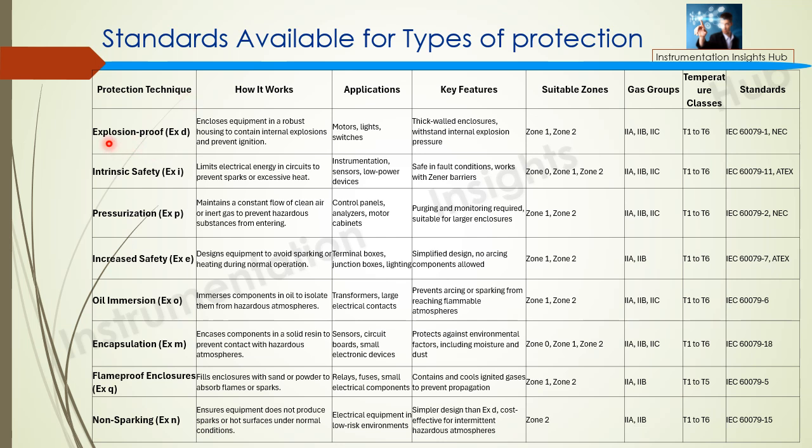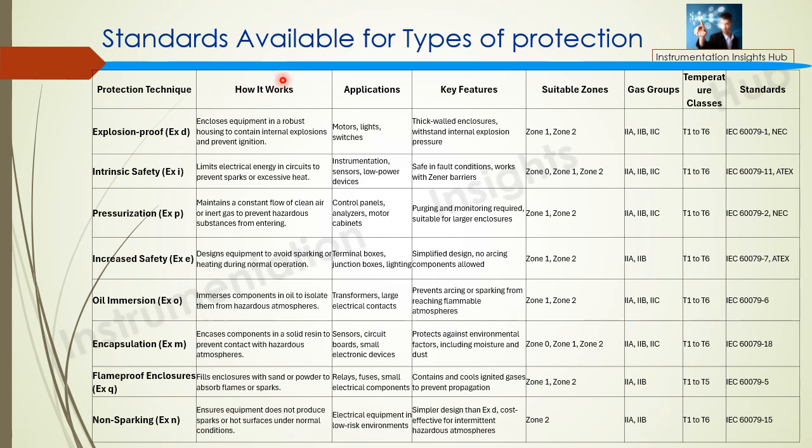The protection techniques available are explosion proof EXD, intrinsically safe EXI, pressurization EXP, increased safety EXE, oil immersion EXO, encapsulation EXM, flame proof enclosures EXQ. What is explosion proof and flame proof enclosures? We will see. Non sparking EXN.